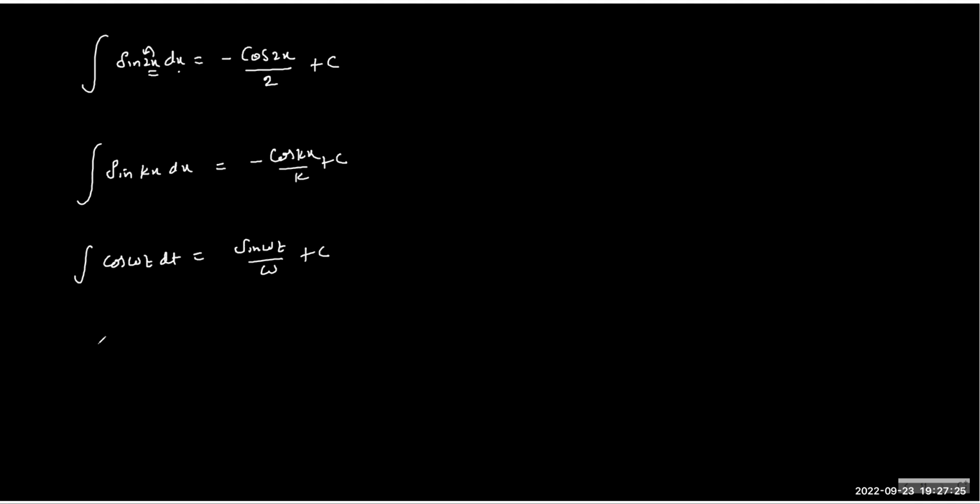The second idea is, if I write something here, adding any number to the function will not affect the answer. Why? Because the differentiation of any constant is 0 only. So what will be the answer here?